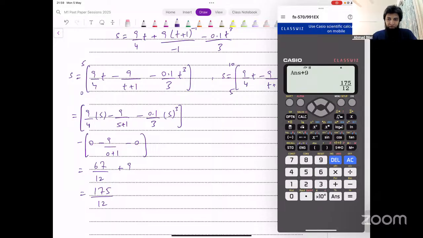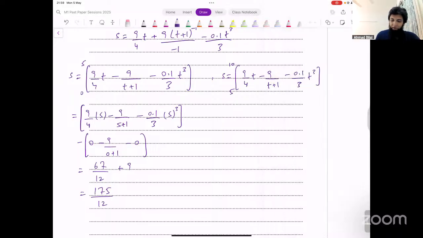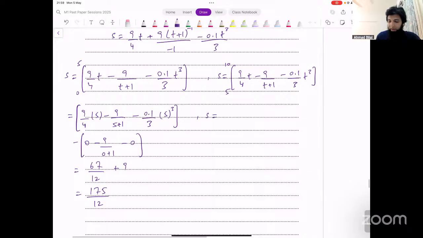Once we've got this, now we input limits for the second case. Input 10 in this one: 9 over 4 into 10 minus 9 over 10 plus 1 minus 0.1 over 3 into 10 cube. Subtract from this the case when you input t equal to 5. You already know what you get at t equals 5.